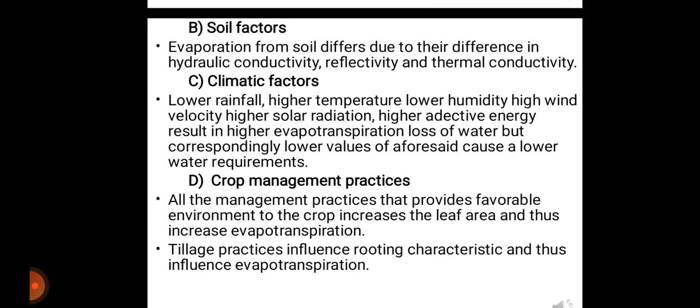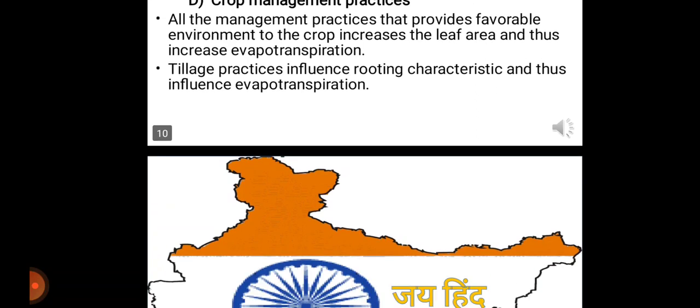Crop management practices: all the management practices that provide a favorable environment to the crops increase the leaf area and thus increase evapotranspiration. Tillage practices influence rooting characteristics and thus influence evapotranspiration.